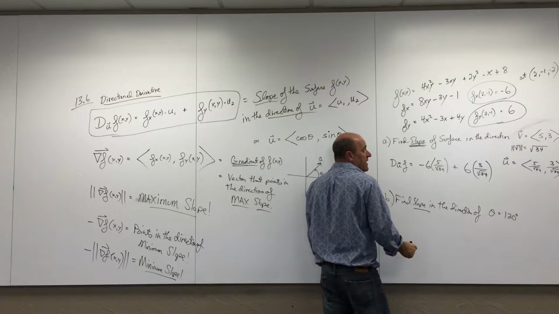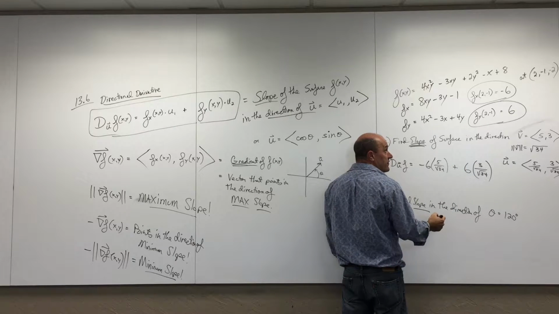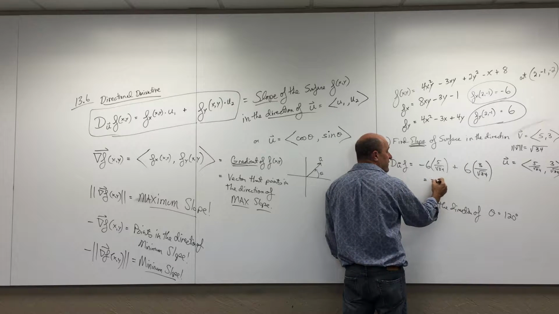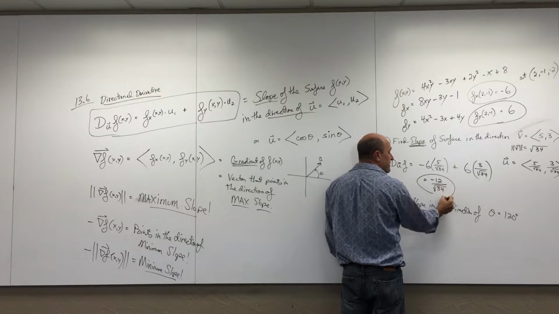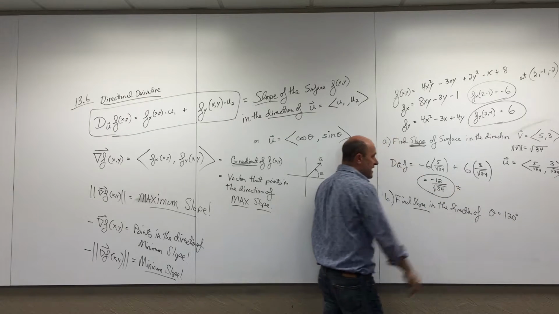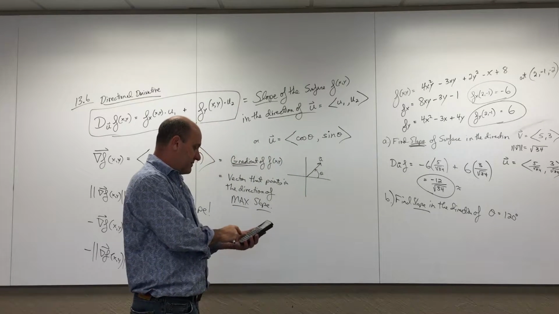Awesome, we got it. That's -30 plus 18 all over the square root of 34. I guess that's -12 over the square root of 34. That's my slope. It's roughly a -2.